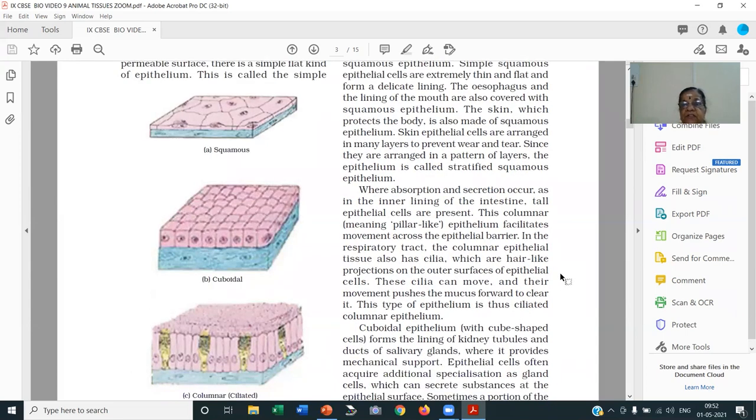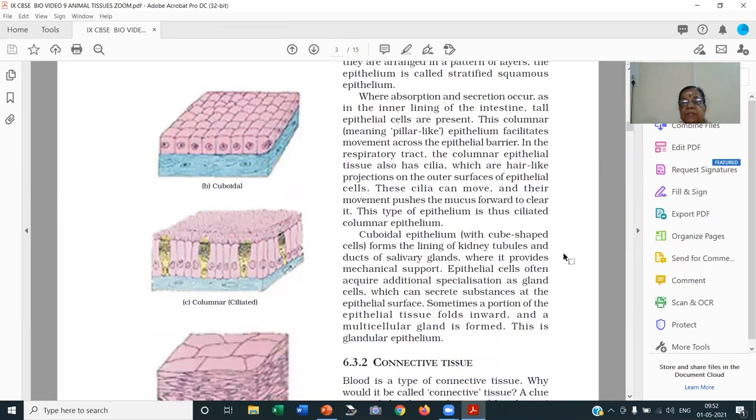Again, in the respiratory tract, the columnar epithelial tissue also has cilia, which are hair-like projections on the outer surface. So they are called ciliated epithelium. So in this paragraph, you learn about columnar epithelium and ciliated epithelium.